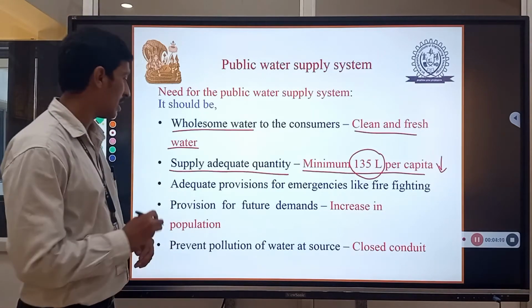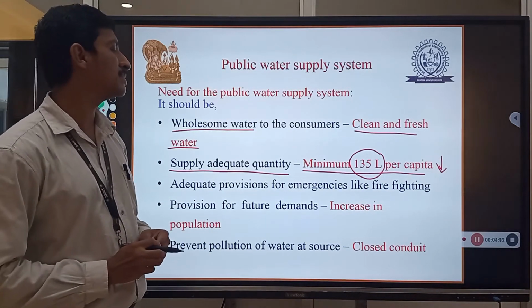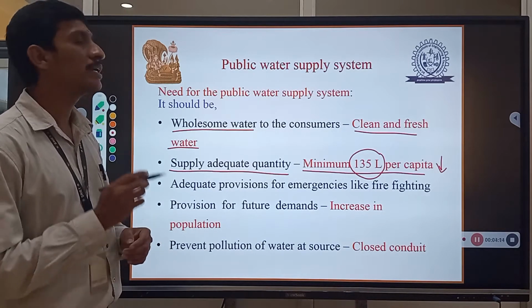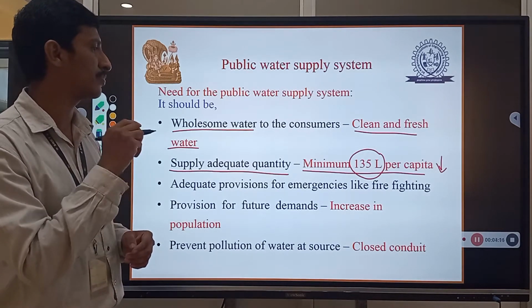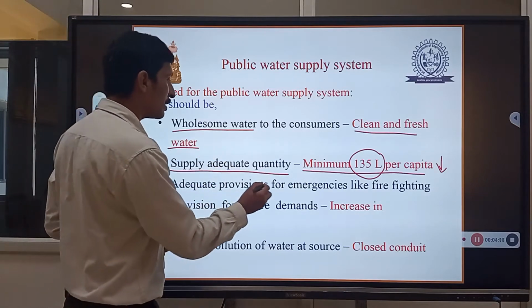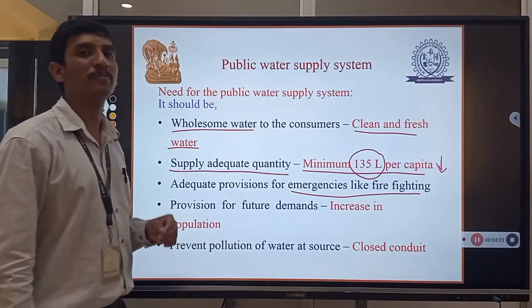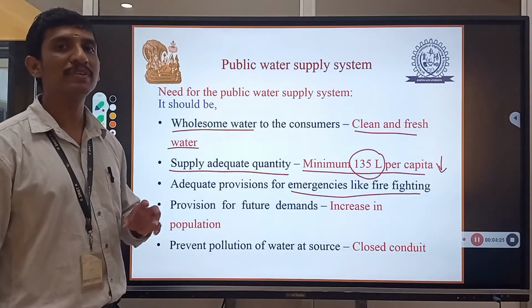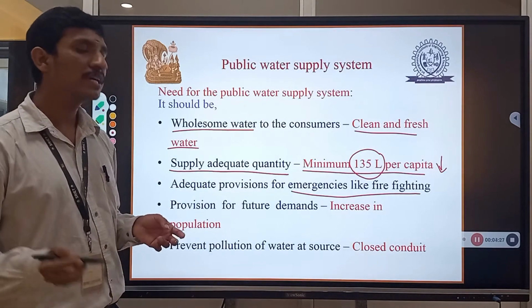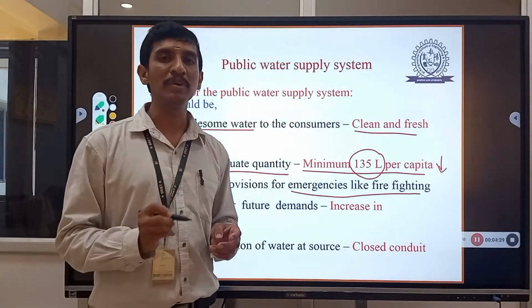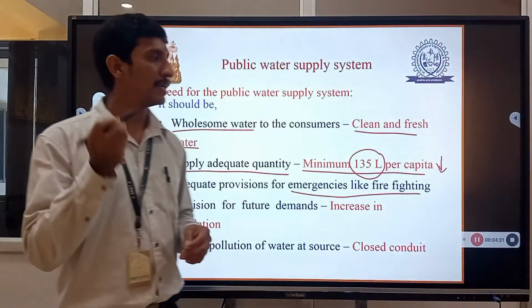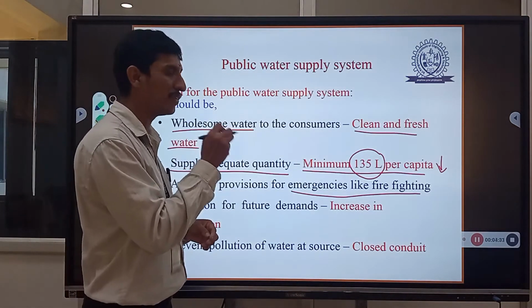Then next, adequate provisions for emergencies like firefighting. The government should give water for emergencies like firefighting and so on, because with the help of water only we stop the fire. So the water board department must provide water in the case of firefighting also.